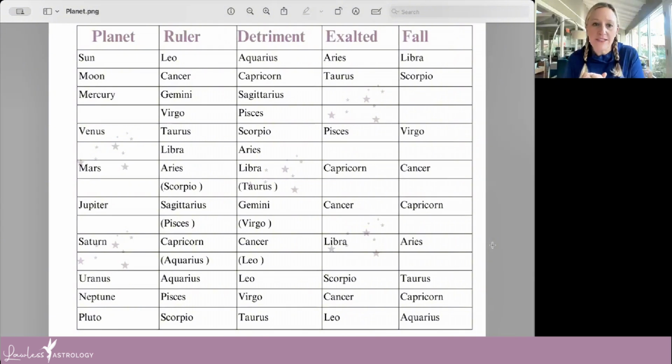Okay, so now let's pop over to detriment. And you can kind of do that for each of these. So detriment. Detriment is the sign that opposes the ruler. So if the ruler of the sun is Leo, the opposite sign to Leo is Aquarius. What I find with detriment is detriment gets the planet, but they just aren't very comfortable with it.